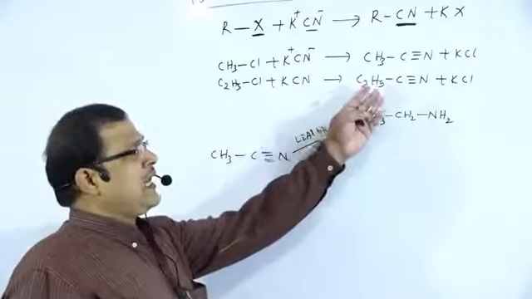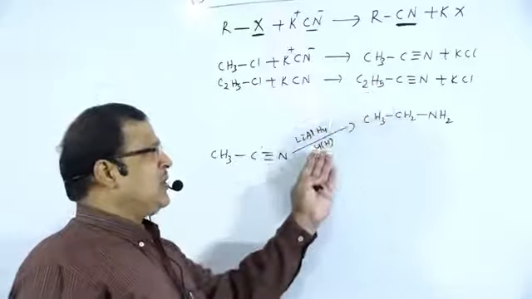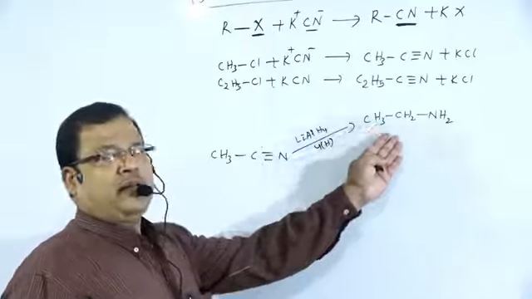So the alkyl cyanide, on reduction, gives primary amine.